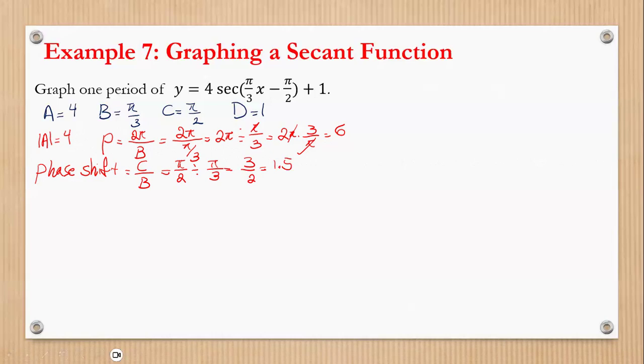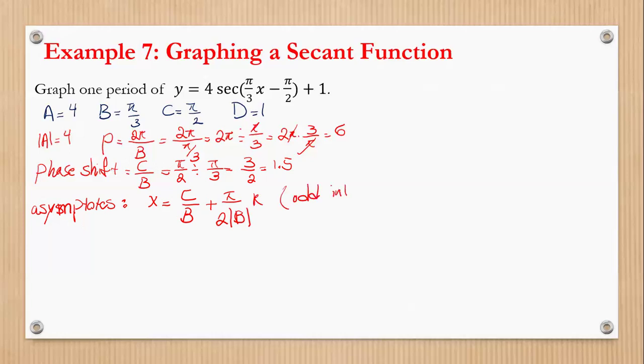Now we need to find asymptotes. So I gave you the formula to find asymptotes. The asymptotes are coming by this formula, C over B plus pi over 2B times k, where k is an odd integer.